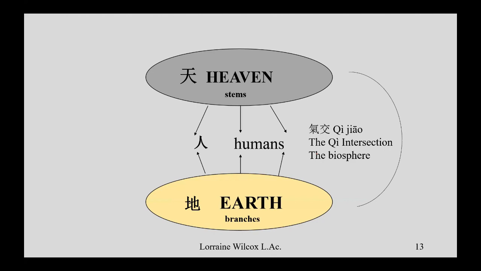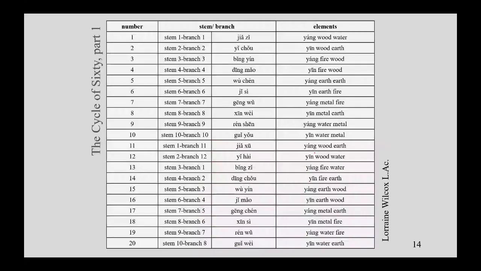And so in a chi sense, the 10 heavenly stems are 10 types of chi that heaven gives us, and the earthly branches are 12 types of chi that earth gives us. And they interact with each other. I told you one is a 10-day cycle and the other is a 12-day cycle.